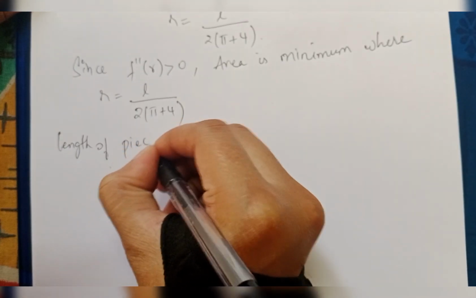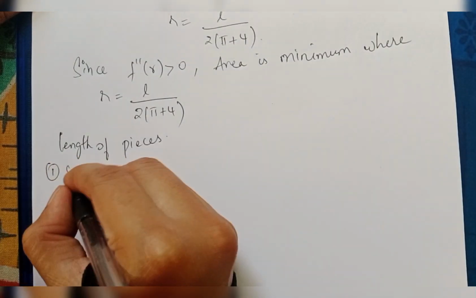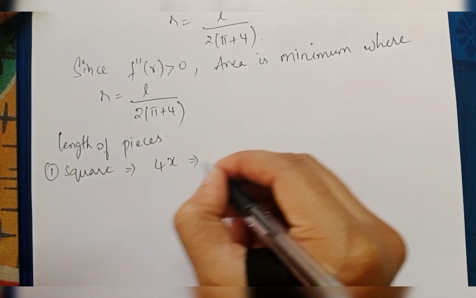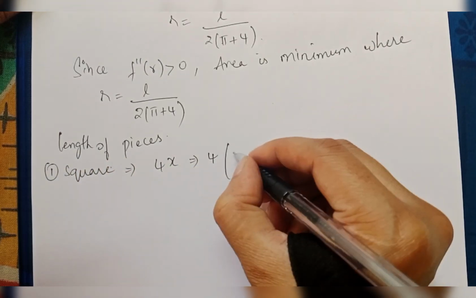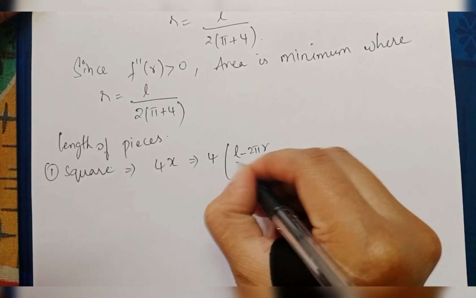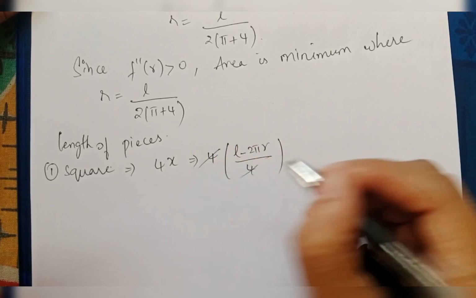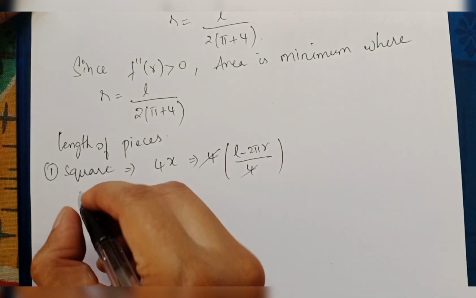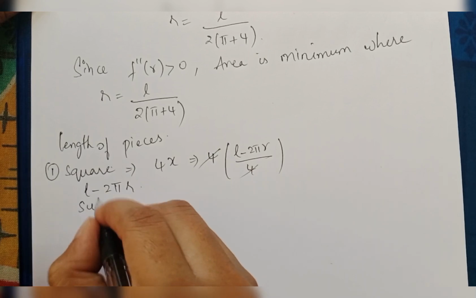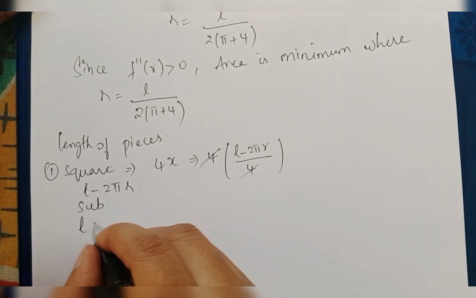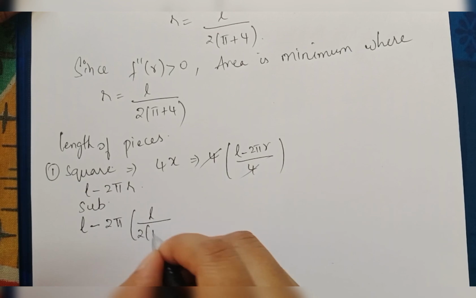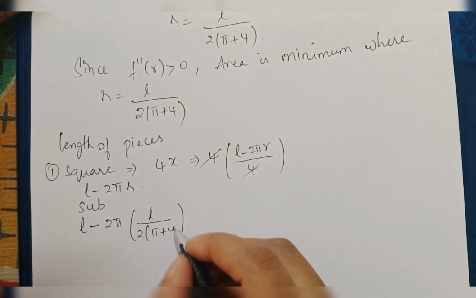First is the square. We know the perimeter is 4 into x, which can be written as 4 into the value of x from equation 1, which is (L minus 2 pi r) by 4. This 4 gets cancelled, and we'll be left with L minus 2 pi r. Substitute the value of r. So it will be L minus 2 pi into L by 2 into (pi plus 4).